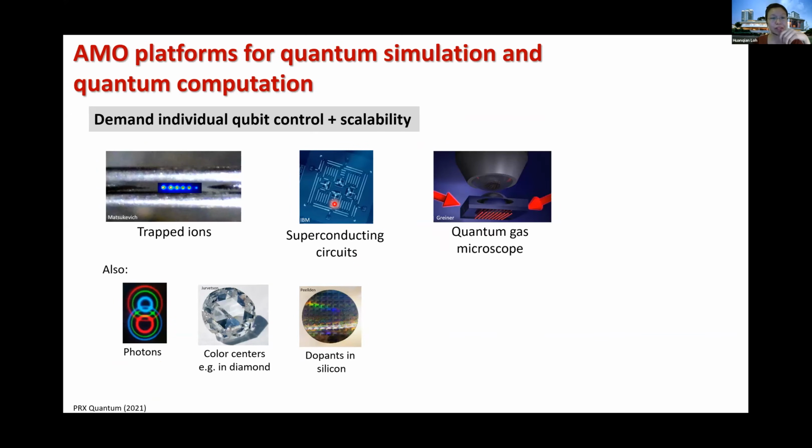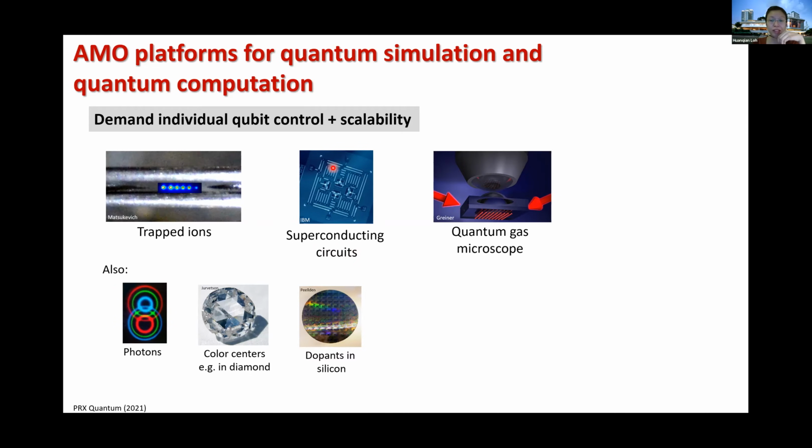Okay. So the different AMO platforms that have now become very popular for quantum simulation and quantum computation are listed below. We just heard a whole talk about trapped ions, a very beautiful talk. And also alongside superconducting qubits, which are also a popular platform in atomtronics. These two platforms have really garnered a lot of industry attention in the last several years. That's really because they are able to achieve individual qubit control in a very scalable manner.